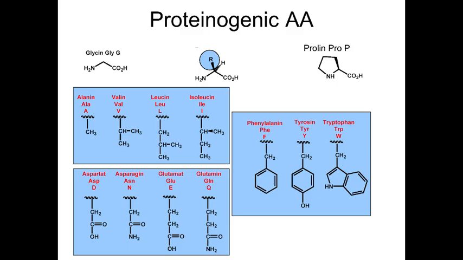For glycine, the 3-letter code is GLY, or the 1-letter code is G, and for proline, the 3-letter code is PRO, and the single letter code is P.